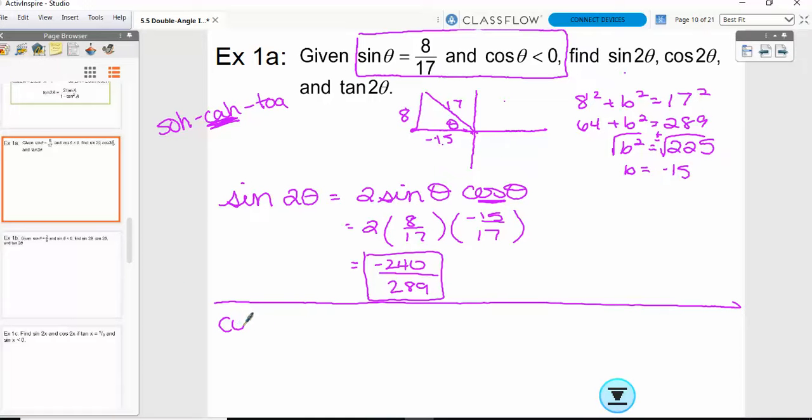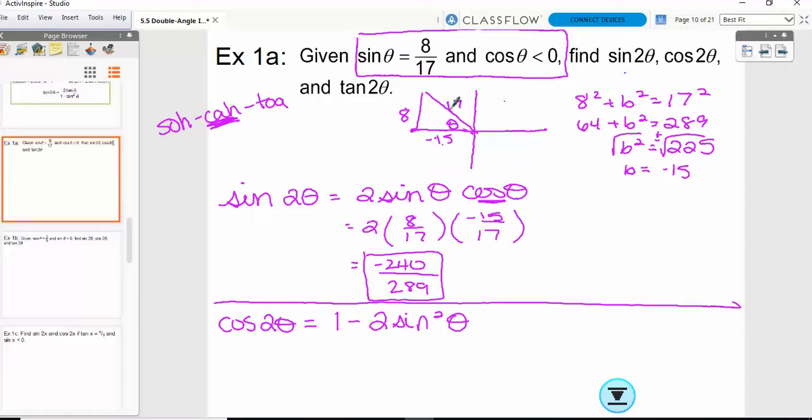I also asked for cosine 2 theta. We have 3 different formula options for this one. We can use any of those 3 formulas. So which one do you want to use? One minus 2 sine squared, because we already have sine.